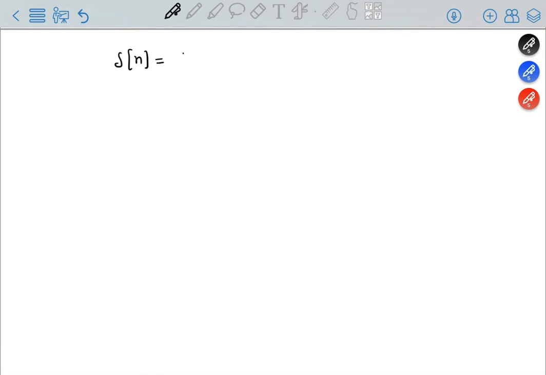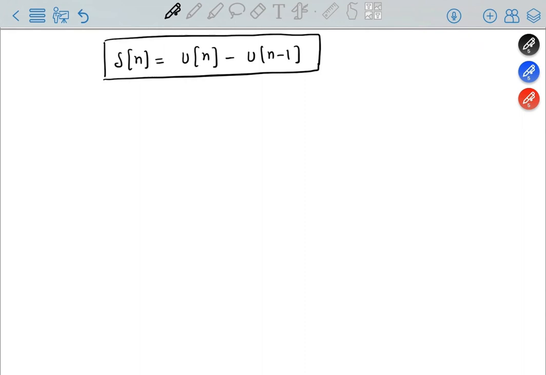Del n can be obtained by taking the difference of u n and u of n minus 1. This expression is very simple, and when we try to understand it using the graph, it will be even simpler.